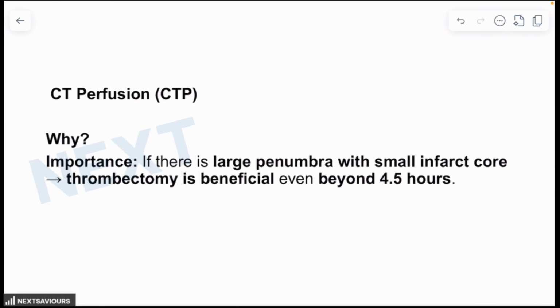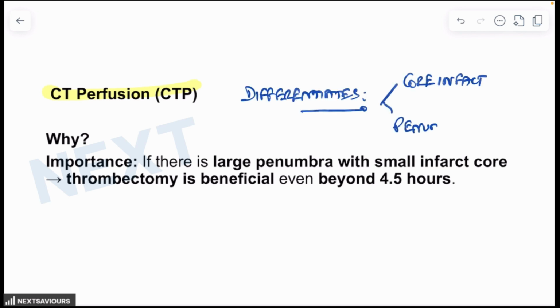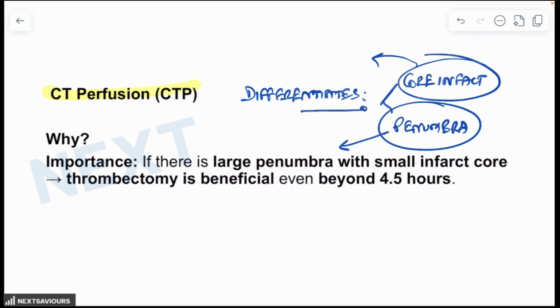And this has to be decided on CT perfusion, because CT perfusion differentiates between the core infarct and the penumbra. As you know, penumbra is salvageable brain tissue, while core infarct is irreversibly damaged brain tissue. So this distinction is to be done on CT perfusion.